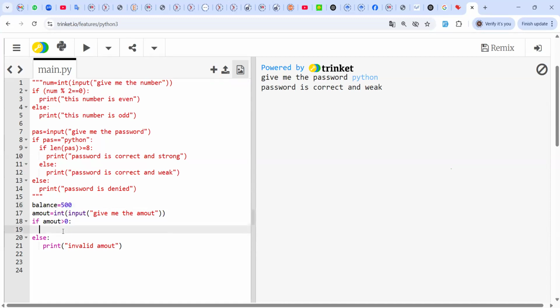So if the amount that we are willing to take is less than or equal to our balance, then it is okay to take it. Print, we're going to type successful, for example.